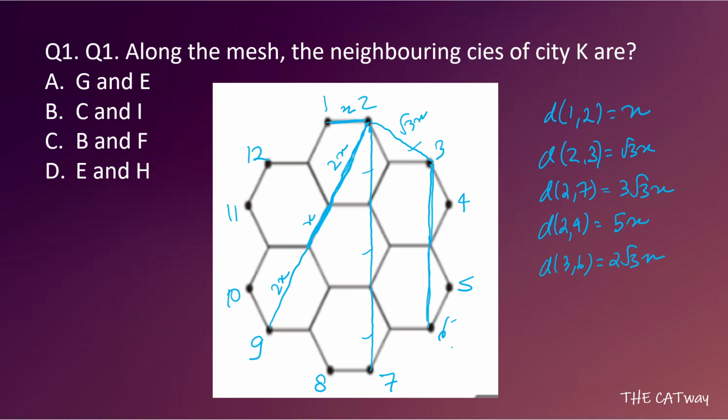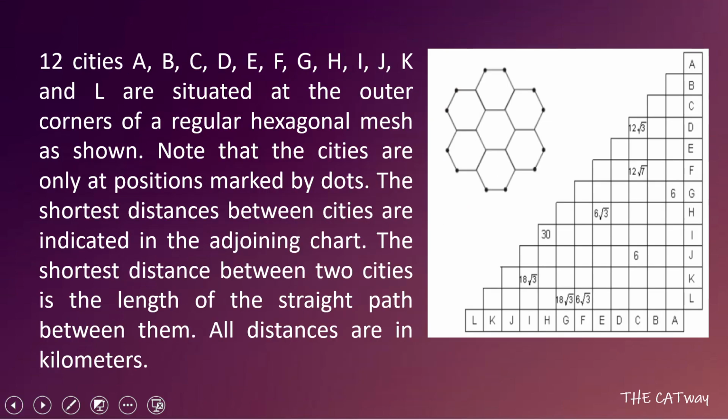Okay. Now let's see from the chart what distances we are being given. We have been given distances such as 6, 6 root 3, 12 root 3, 18 root 3 and 30. This can be obtained by observation that if x is equal to 6, then this will be x, this will be root 3x, this will be 2 root 3x, this will be 3 root 3x and this would be 5x.